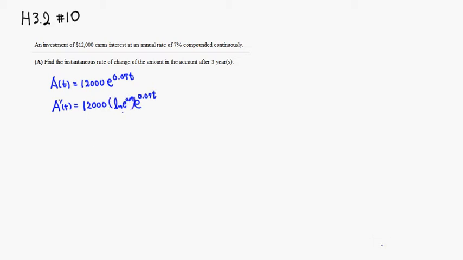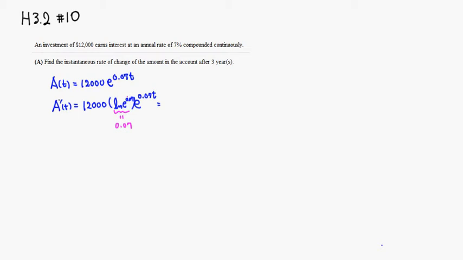Which is going to be, the natural log of e to the 0.07 is simply 0.07.